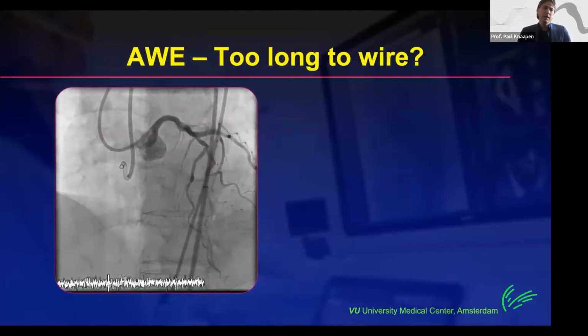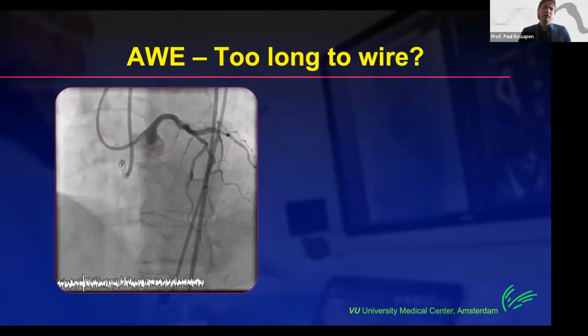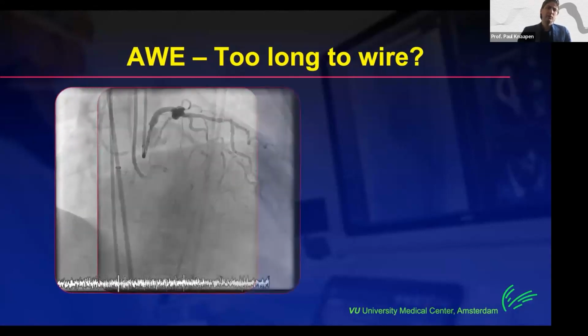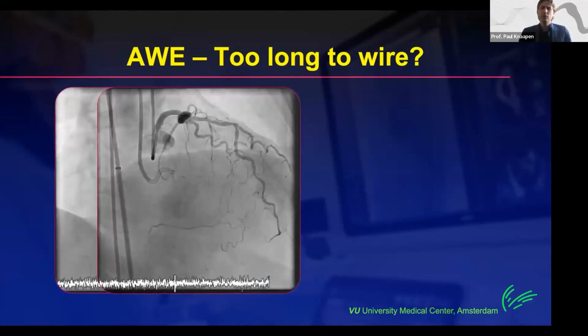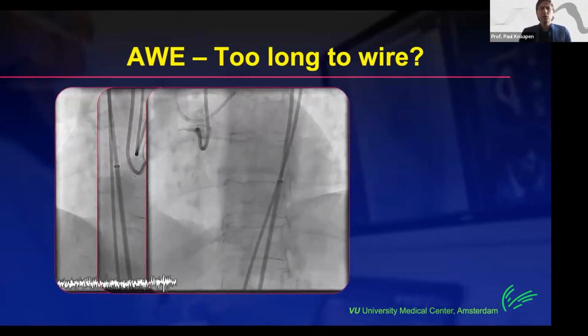Well, this is a case I did a couple of years ago, and it looks like a really, really long lesion with relatively good retro options, with relatively good septals, about 10 centimeters long, but the proximal cap is pretty good. So if you would adhere to the lesion length, you would say, okay, I'm going to go for dissection reentry immediately.